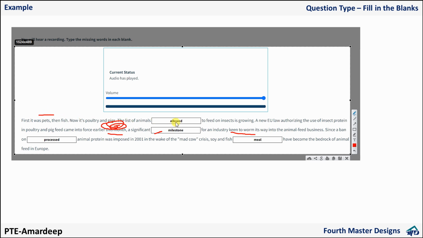Okay, rest everything depends on grammar. And now it is written allowed. If you have missed this word allowed, then no one can help you. But if you heard something like allow, in that case we have some grammar rules.